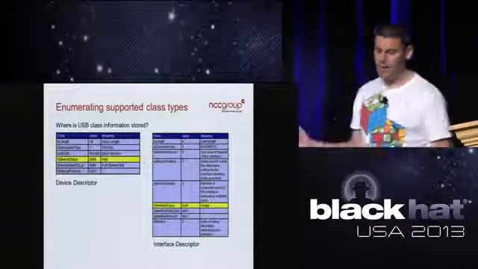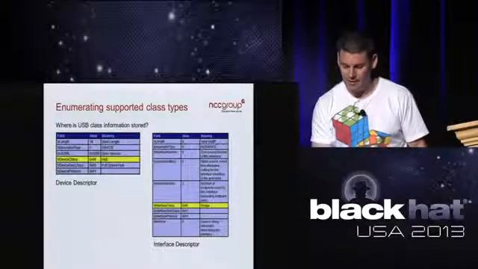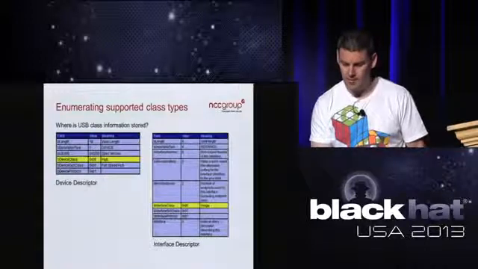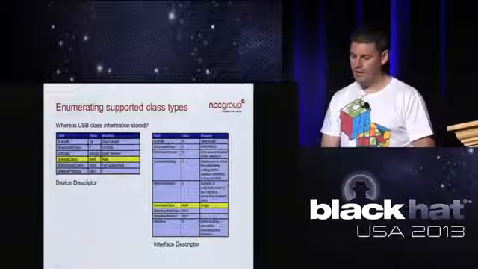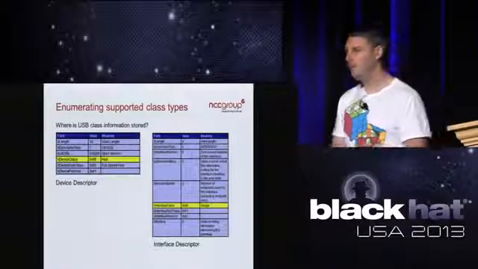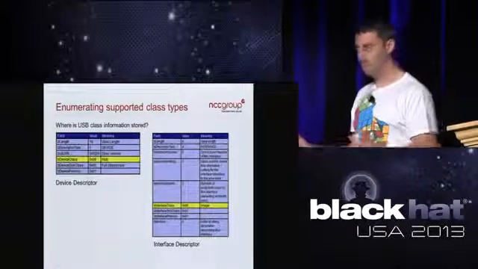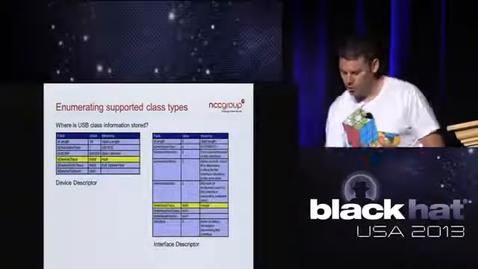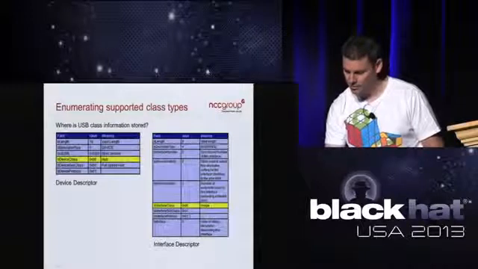With some classes of device, they specify the device class within that device descriptor. The more common approach is, because you may have multiple interfaces on a USB device that support different classes, you will have the class-specific data in the actual interface descriptor, as you can see there.